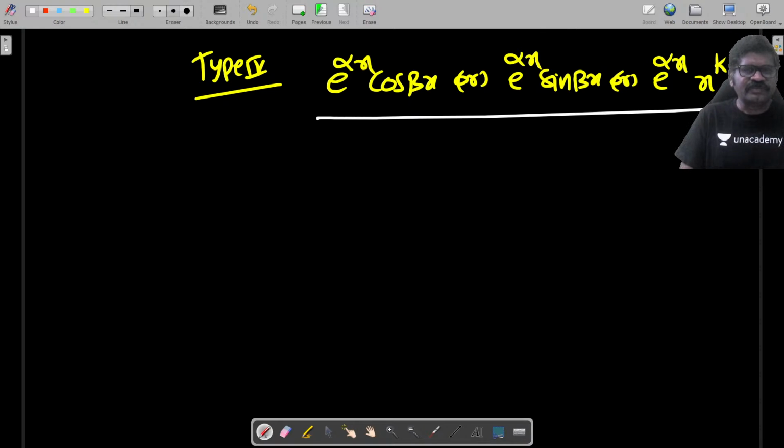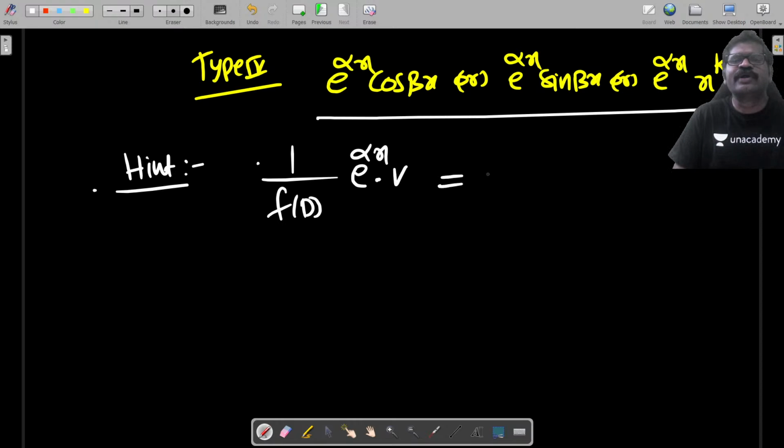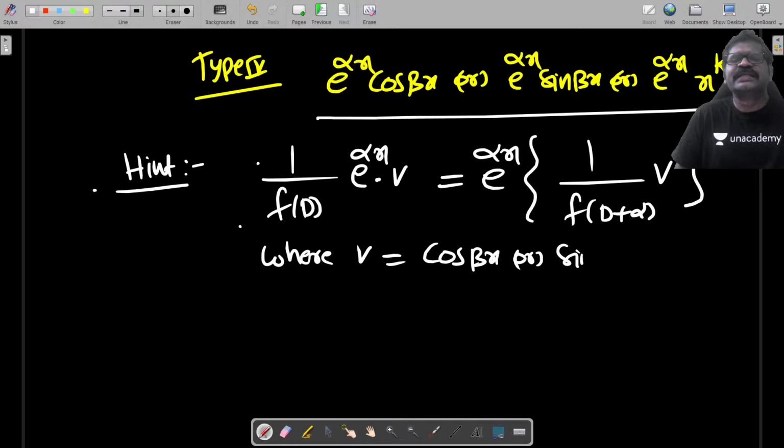Now, hint: to find the particular integral of e power alpha x into v form, 1 by function of D into e power alpha x into v equal to e power alpha x of 1 by function of (D plus alpha) into v, where v is nothing but cos beta x or sin beta x or x power k.